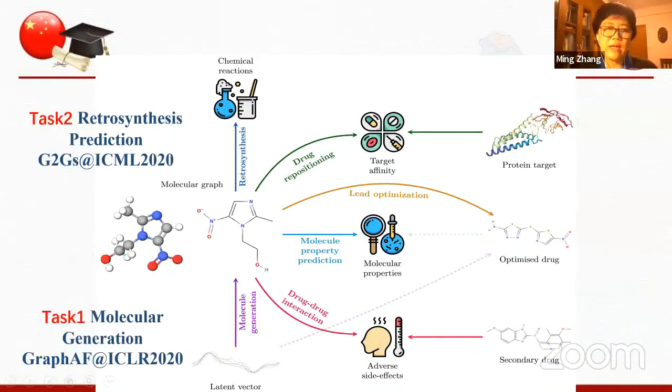So we can tell the chemists how to produce this kind of drug. And then also we have other tasks such as optimization, and also side effect test, and so on.